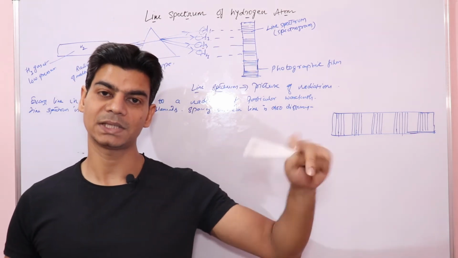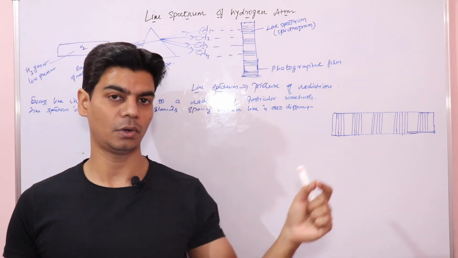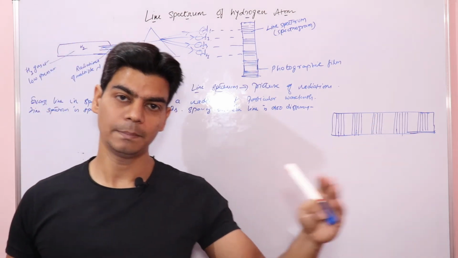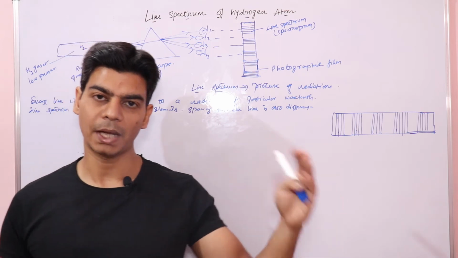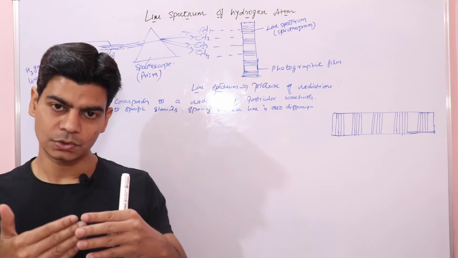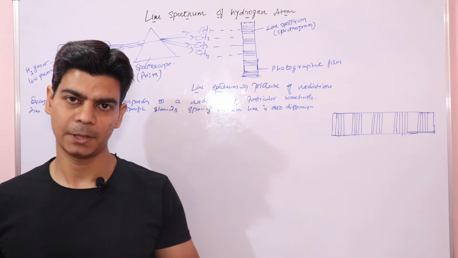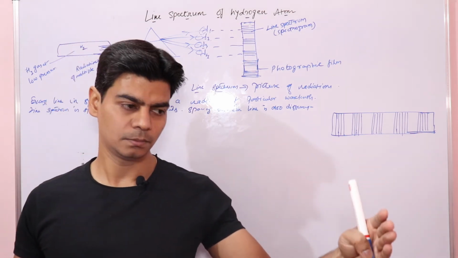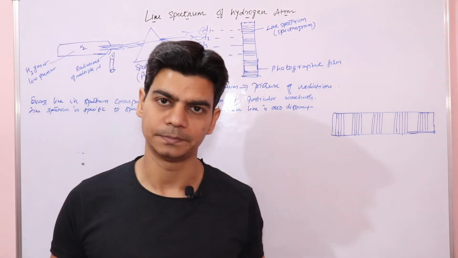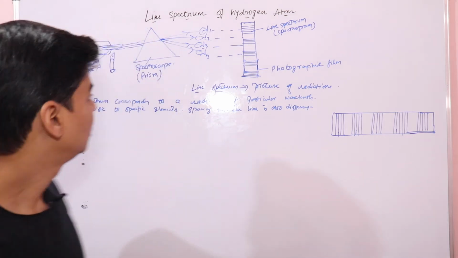It is an excited state, and the electron stays there only for a short period of time and then transitions back to its ground state of lower energy. When the electron moves to a higher energy state, it absorbs radiation, and when it comes down from the higher to the lower energy state, it emits radiation.